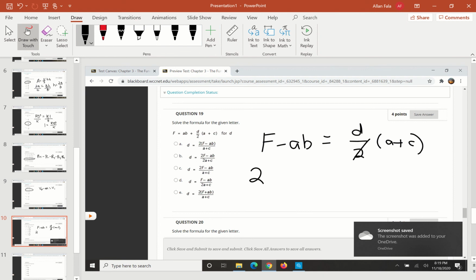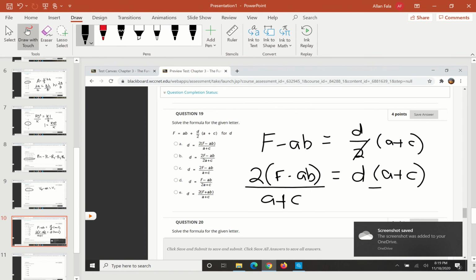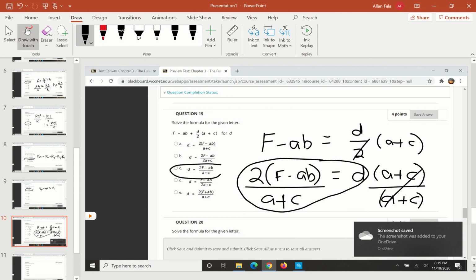Then we're going to have 2 times F minus AB equals D times A plus C. Now we divide both sides by A plus C. And that cancels out. So D is equal to 2 times F minus AB over A plus C.